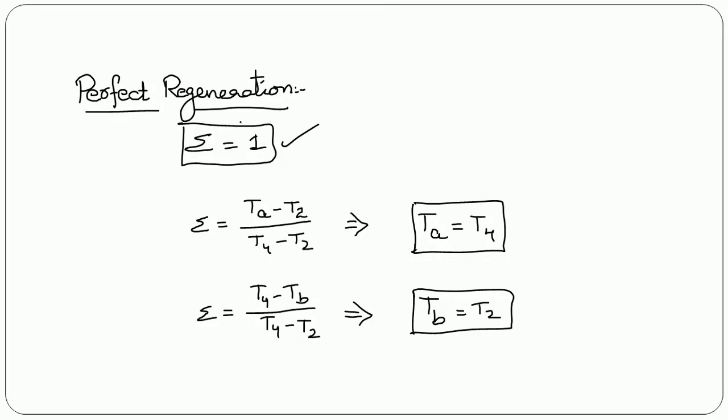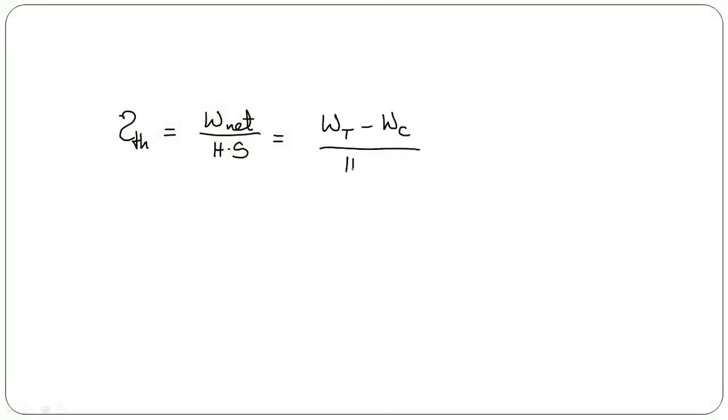Now, when we consider the perfect regeneration condition, the thermal efficiency is net work done by heat supplied. Net work done is turbine work minus compressor work, by heat supplied. So turbine work is MCP (T3 minus T4), minus compressor work, which is MCP (T2 minus T1).